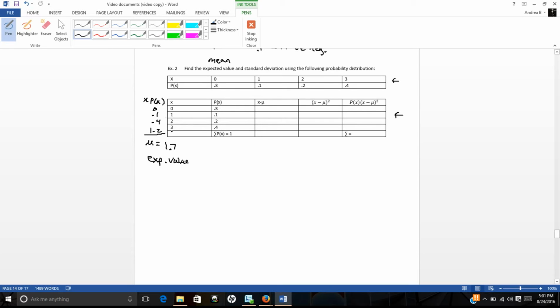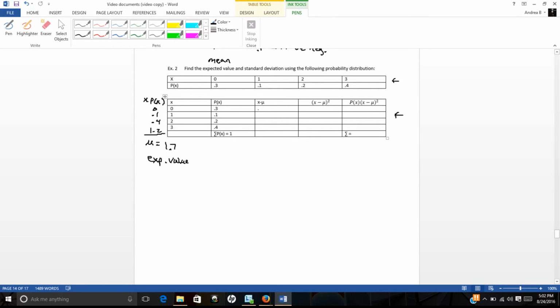We need to find that first before we can get to our standard deviation, since you'll notice for that next column, you have to do your x value minus that expected value, the mean, in order to come up with those values here. So let's type those in.